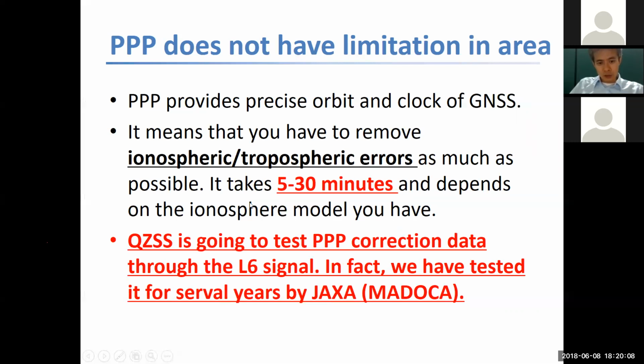If you have a good ionosphere model like Trimble, you can converge in 5 minutes even if you use GPS and GLONASS. And usually with RTKLIB, it takes about 20 to 30 minutes to converge to within 10 centimeter level. As you might know, QZSS is going to test PPP correction data. Now you can actually use the L6 signal, MADOCA-PPP.